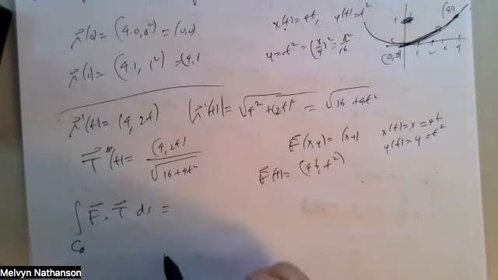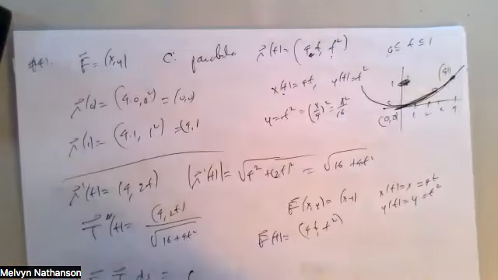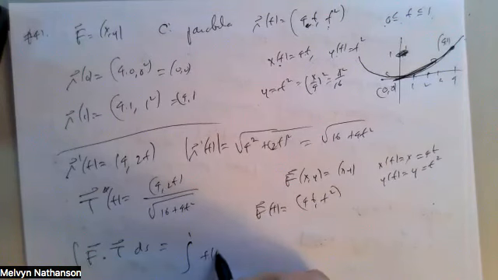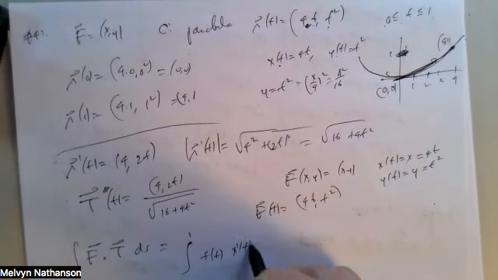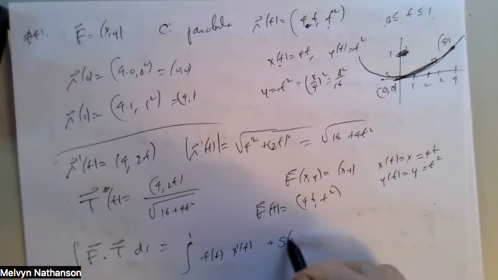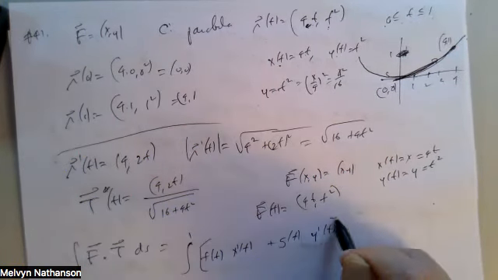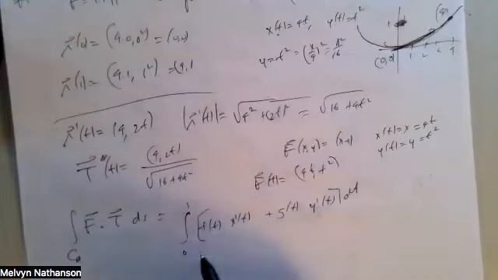So let's use one of our formulas. This is the integral from a to b, a is 0, b is 1, the integral from 0 to 1 of f of t times x prime of t, plus g of t times y prime of t, dt.